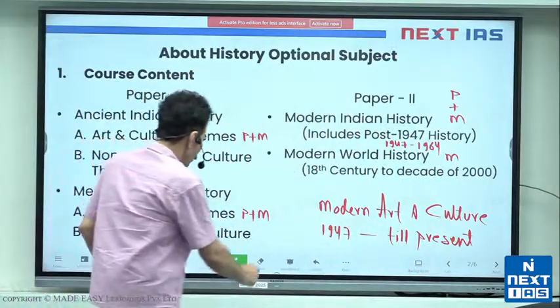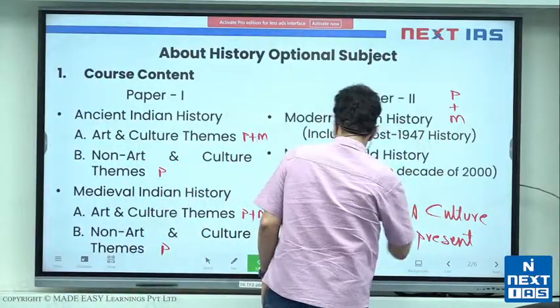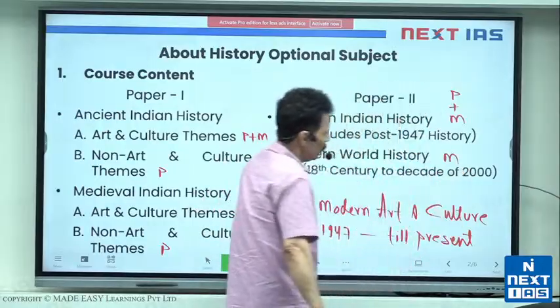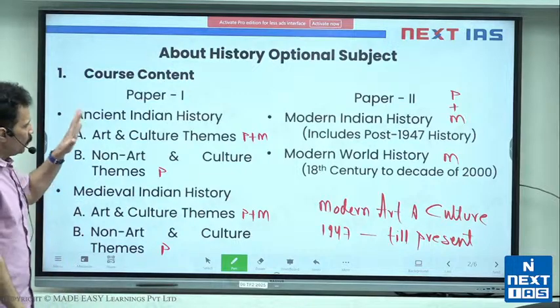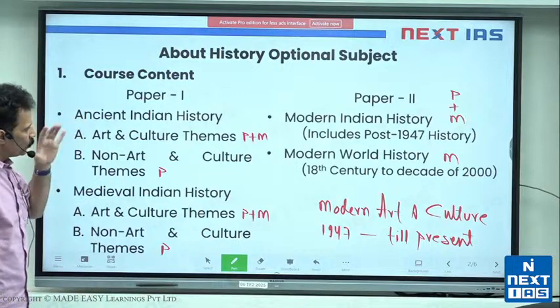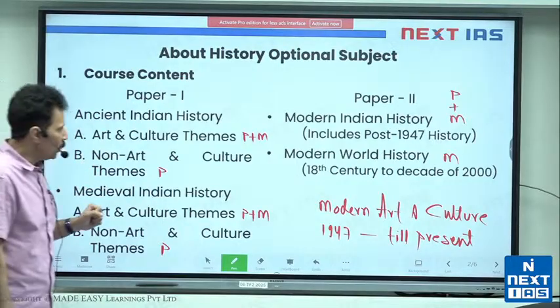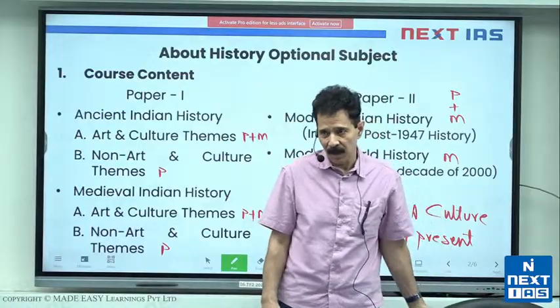Now follow all the red ones on the smart board. All the red ones show history in GS. Don't you think you have more history in GS than in history optional?